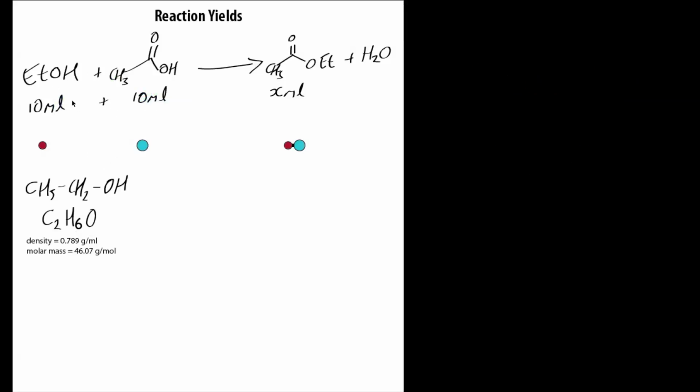Now I wouldn't mix these two together if they were mils, because we've got hydrogen bonding. Now if you've not covered hydrogen bonding yet, don't worry too much about it. It just means that when you mix two things together which are hydrogen bonded, so ethanol is hydrogen bonded with itself, water, as you probably know, is hydrogen bonded. You mix them two together, the actual density will change.